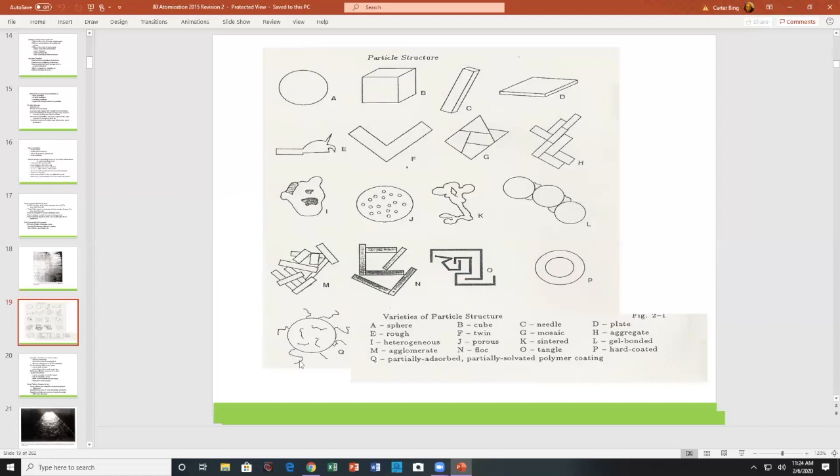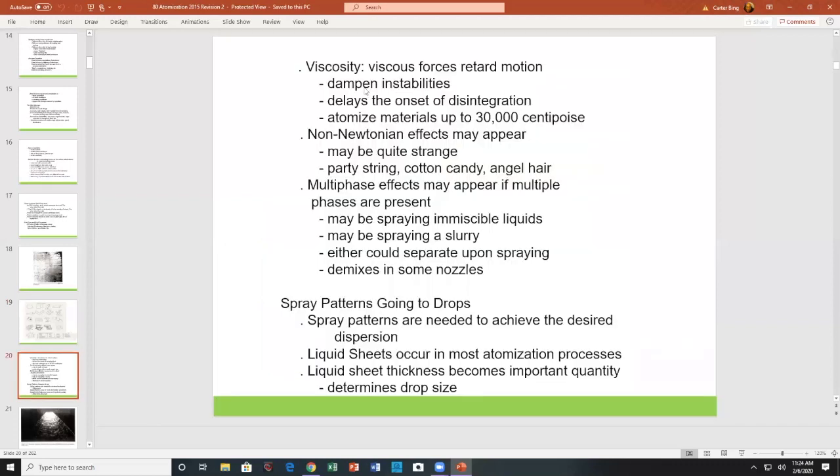You have these strands of long chain polymer molecules, and they attach to each other. Viscosity retards the motion, basically dampens the instabilities. You wind up with larger drops than you thought you would, and typically an upper limit maybe 30,000 centipoise. Non-Newtonian effects can appear.